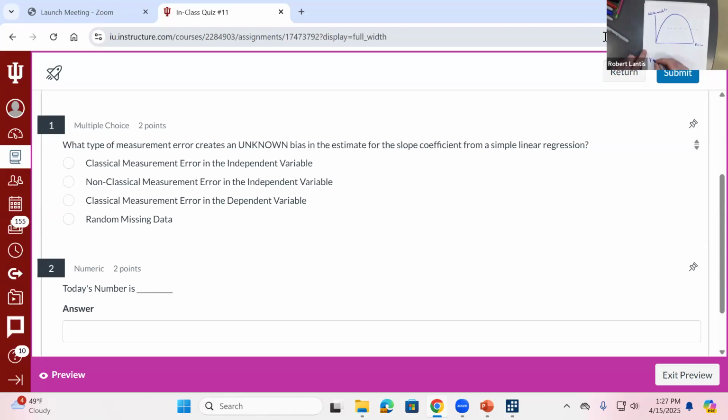The problem there is, let's say I have this. If I have measurement error in my independent variable, or I have one of these non-random missing examples, what is this possibly going to get closer to?